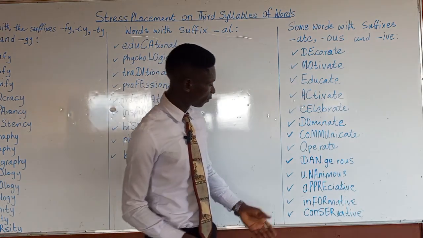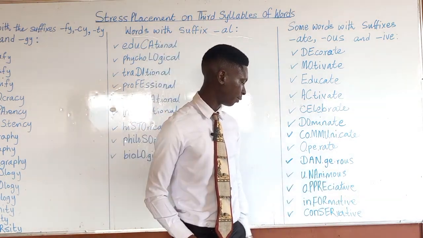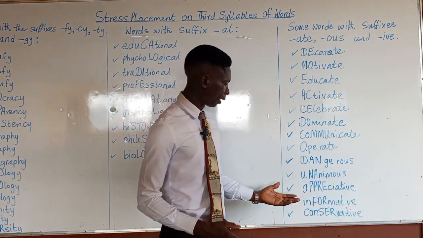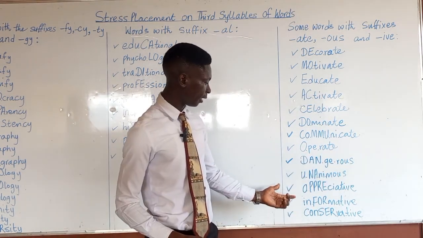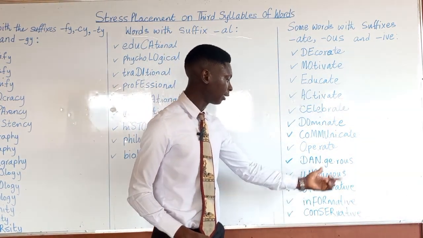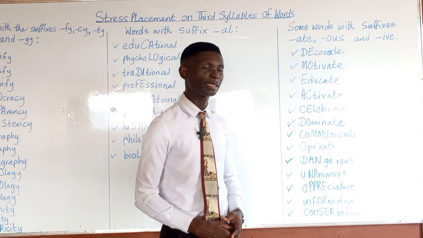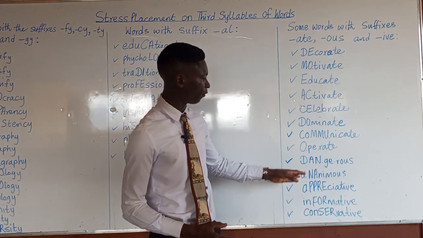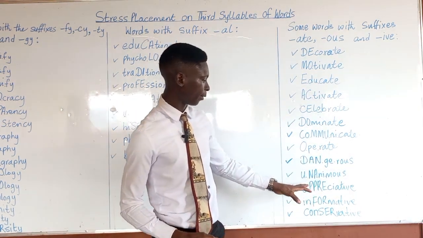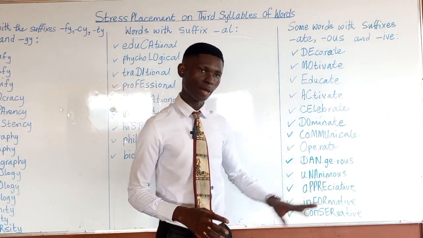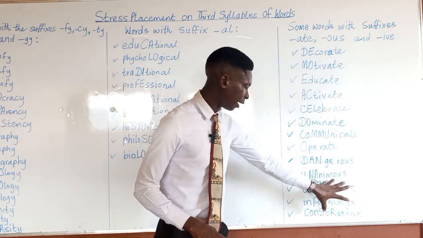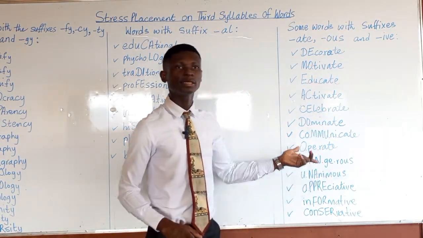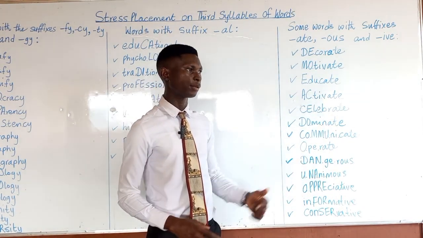Again, we have words with IVE as a suffix. For instance, informative, conservative. We have many words in this category, though this is not a conclusion, especially for OUS and IVE. We have very few words in this category. That is where you have the stress on the third syllable from the end.